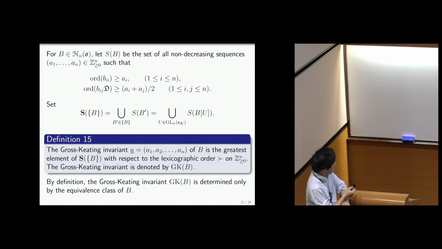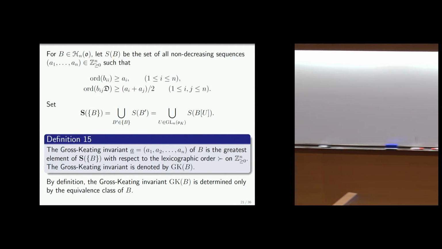So now we define the Gross-Keating invariant for a Hermitian matrix. Let B be a semi-integral Hermitian matrix, and we can define S(B) in a similar way as for quadratic forms. S(B) is the set of non-decreasing sequences a_1 and so on a_n, such that the order of b_ii is greater than or equal to a_i, and the order of b_ij d is greater than or equal to (a_i + a_j)/2.